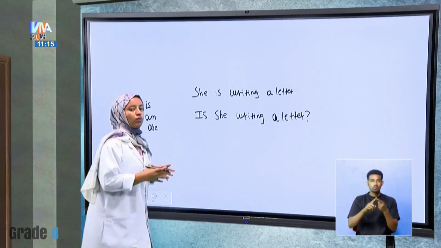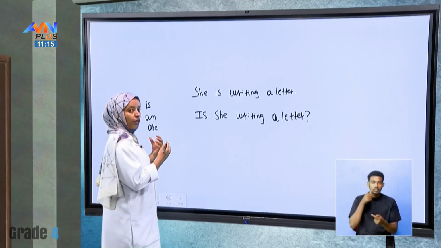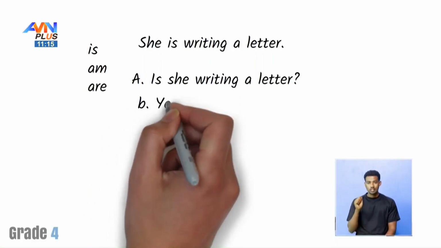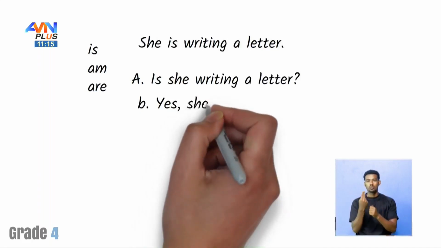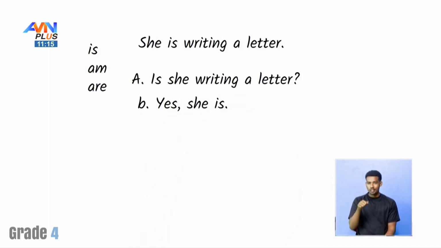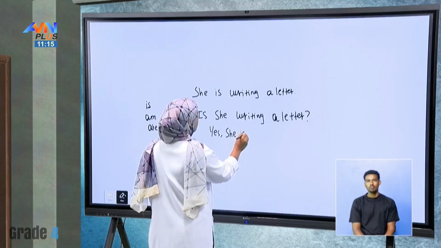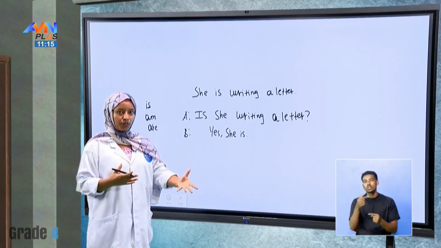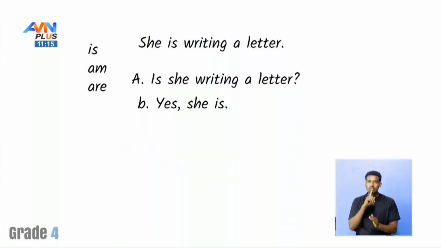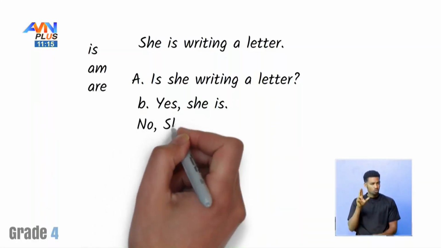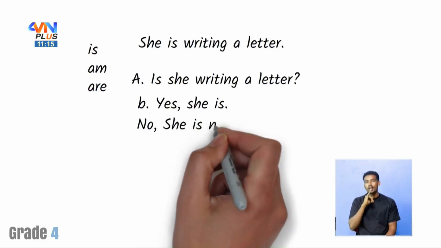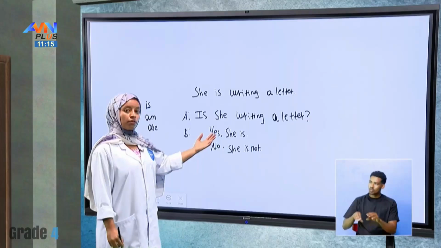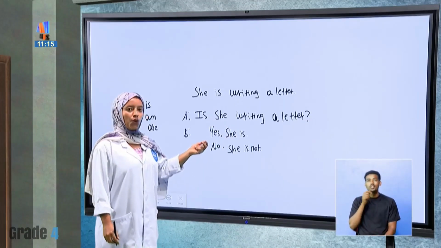If it is positive, we can say yes, and here we can use a comma. Yes, she is. What about trying to say negative? No. What are we going to say? She's not. So look, students, yes, she is. And also, no, she's not.